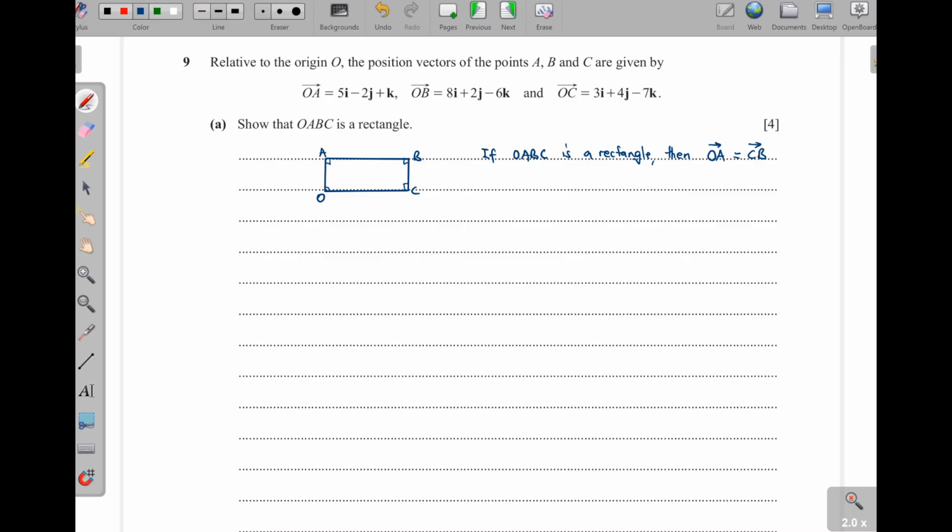Then how about AB and OC? Also AB has to be equal to OC. You see that? Even their lengths.